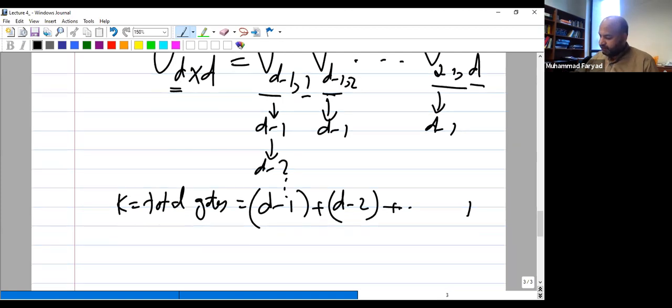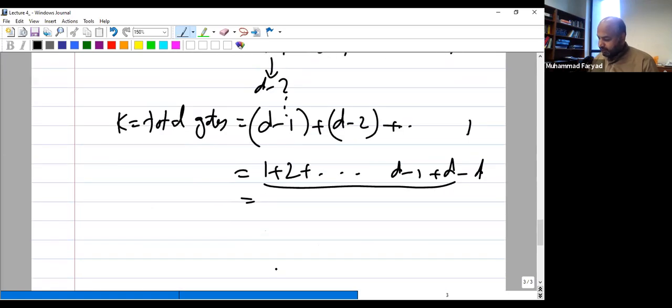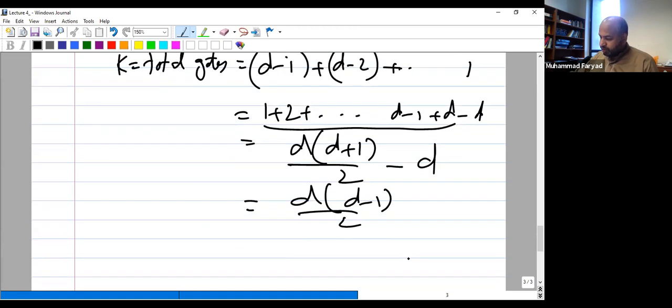And if you add all of these, this is just a series like 1 plus 2 plus all the way to D-1. But let me add D and minus D. Then this sum is nothing but D into D plus 1 over 2 minus D. So this is D into D-1 over 2. So the number of gates is of the order of D square.